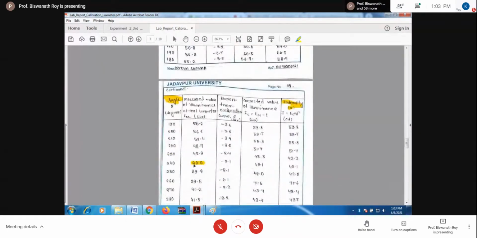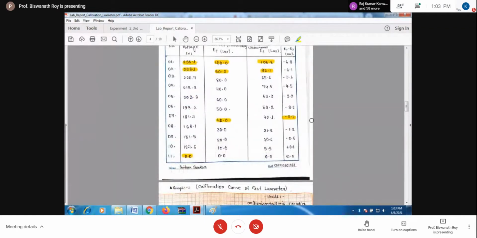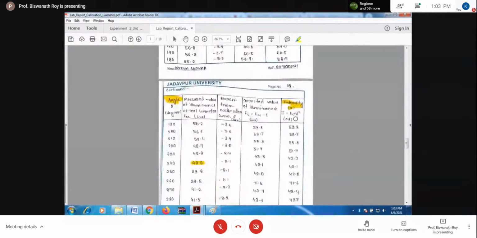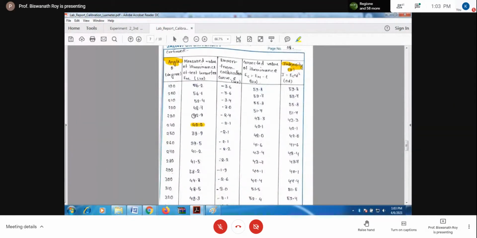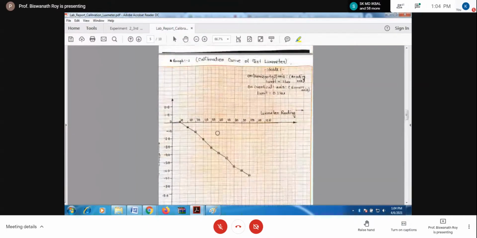We can just go here to get the value of the error. But for 42.9, we need to consult this.